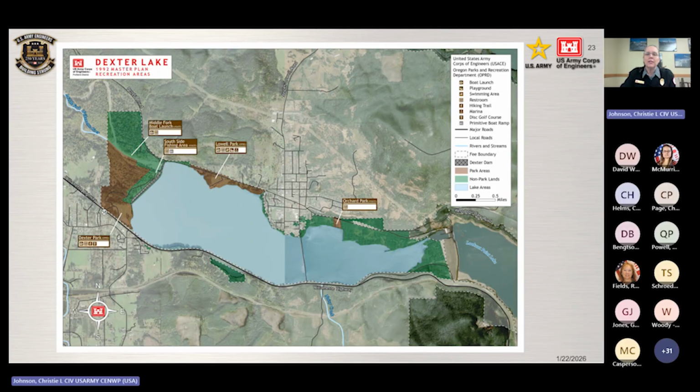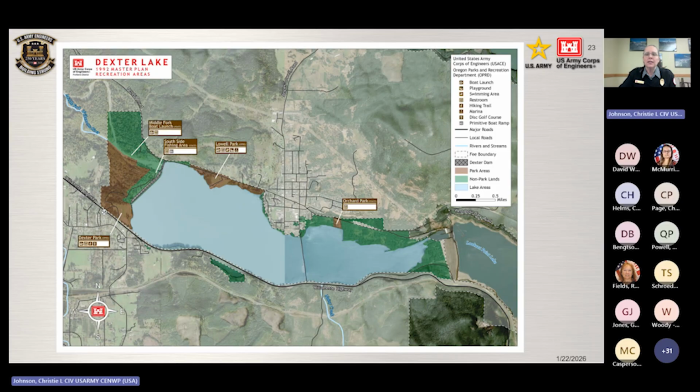Again, the Oregon Parks and Recreation Department manages Dexter Park, which has a boat ramp and disc golf course. And they also manage Lowell Park, which has a boat ramp, a marina, and a swim area. The parks that the Corps manages are Orchard Park, which is on the northeast end of the lake. And we also manage a boat launch and fishing area below the dam.